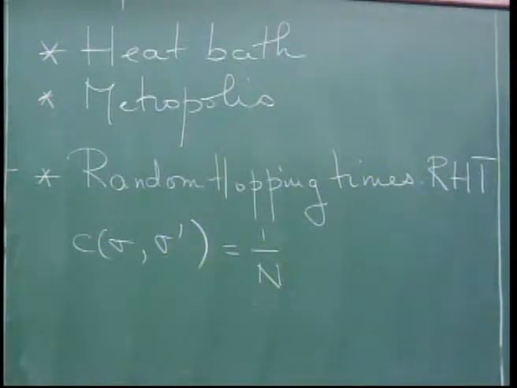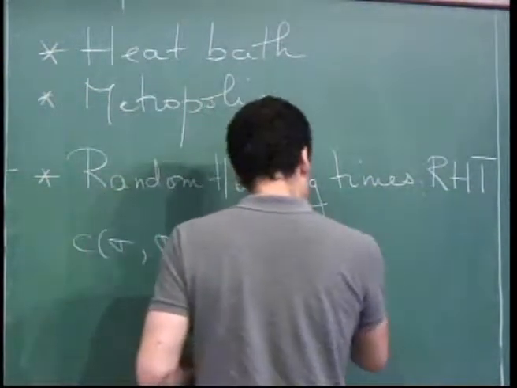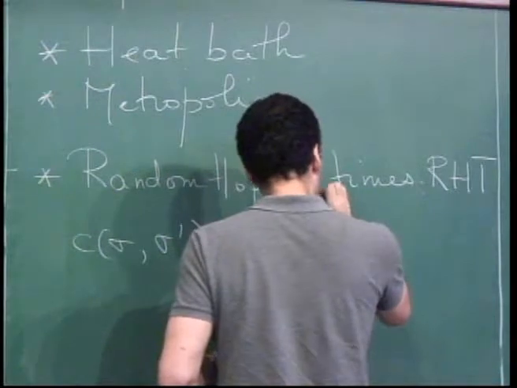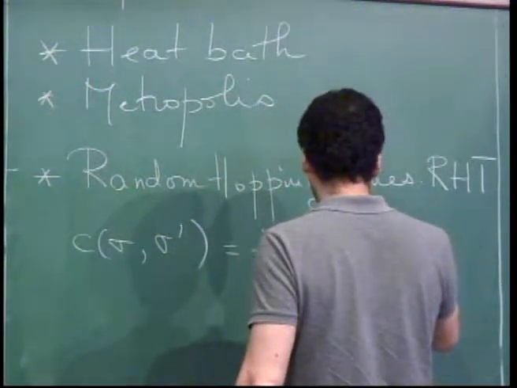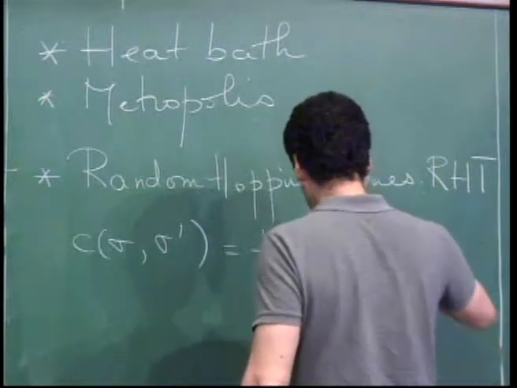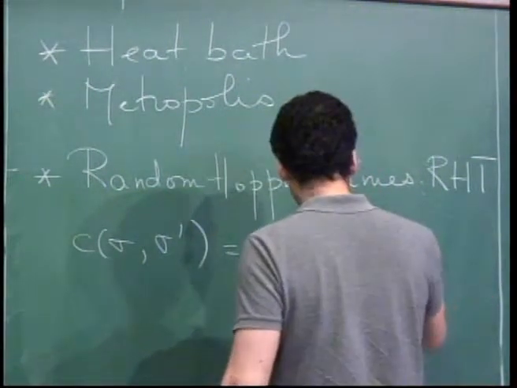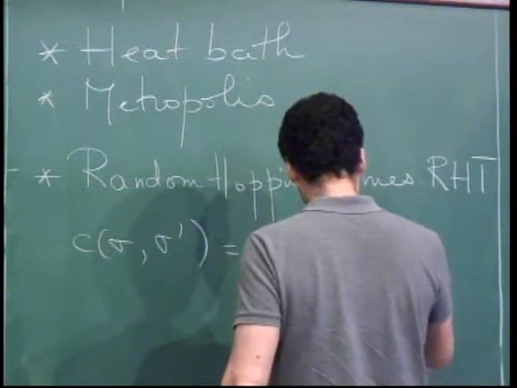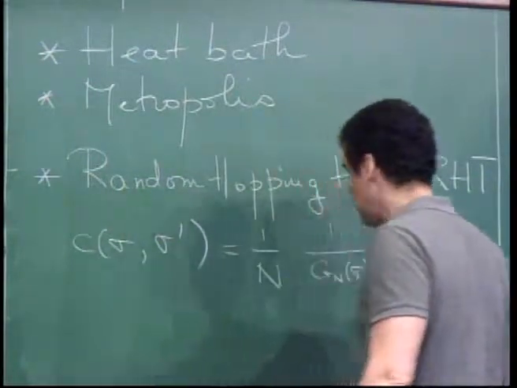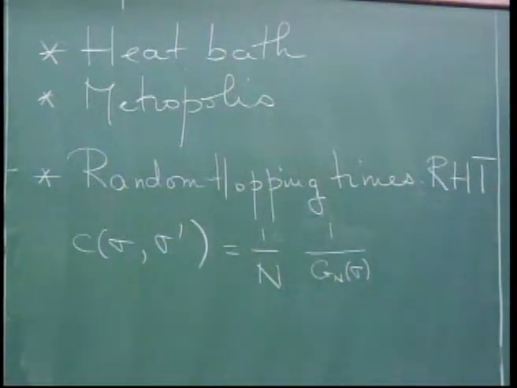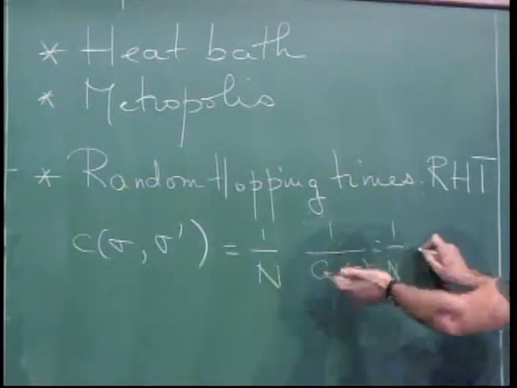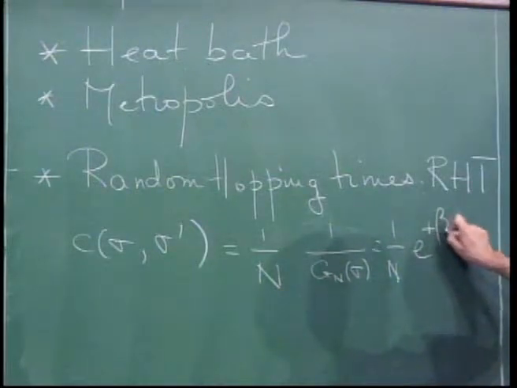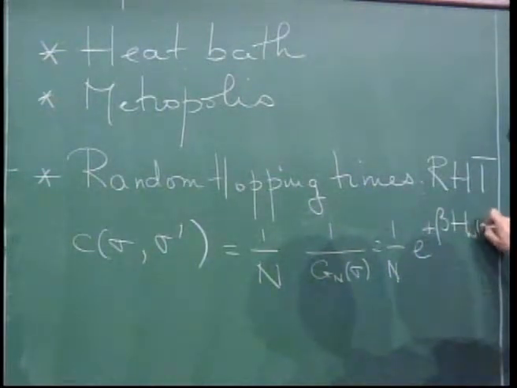You can forget it. And then it's 1 over Gn of sigma, of the initial point. So this 1 over n is just here for convenience, and then here you have exponential plus Hn of sigma.